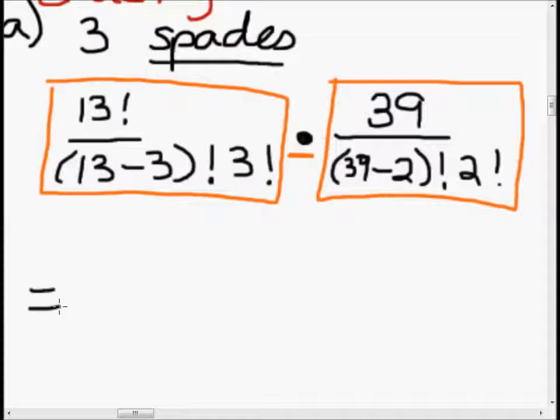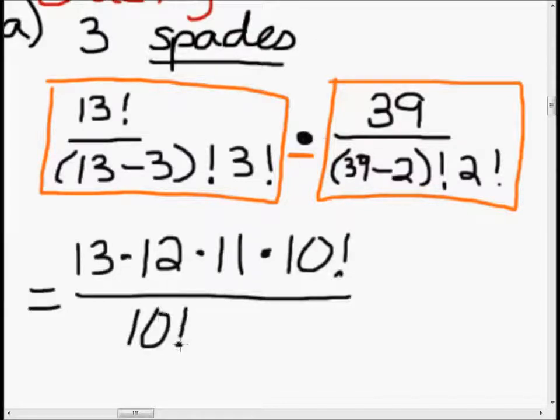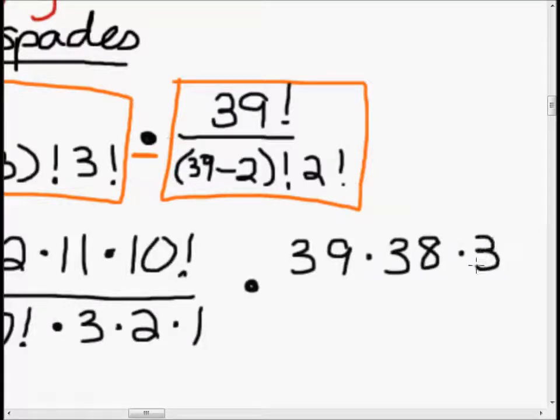So let's see, 13 factorial would be 13 times 12 times 11 times 10 factorial over 10 factorial, that's this bit right there, right? Times 3 times 2 times 1 times, oops, I missed a factorial here, 39 times 38 times 37 factorial.